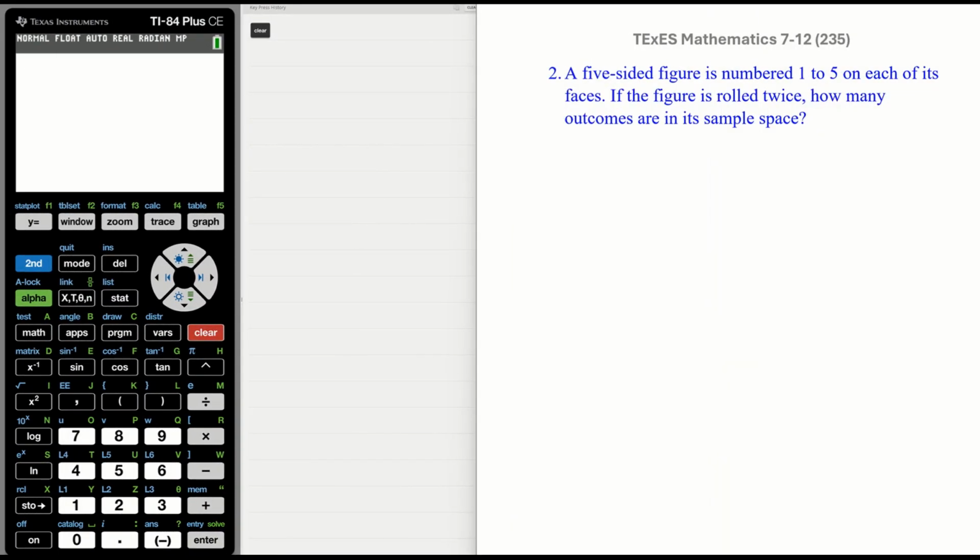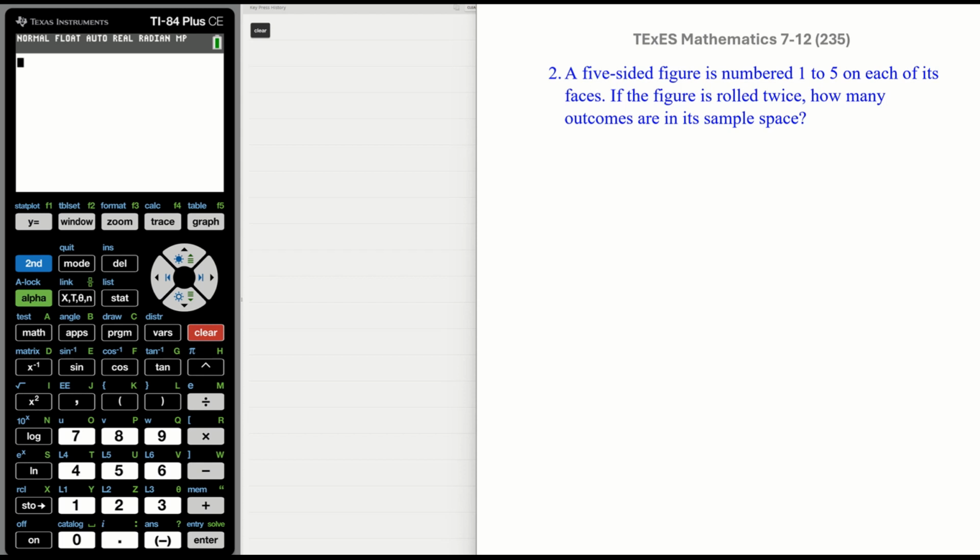Number 2, a 5-sided figure is numbered 1 to 5 on each of its faces. If the figure is rolled twice, how many outcomes are in its sample space? Well, for this question, we are only concerned with the outcomes.